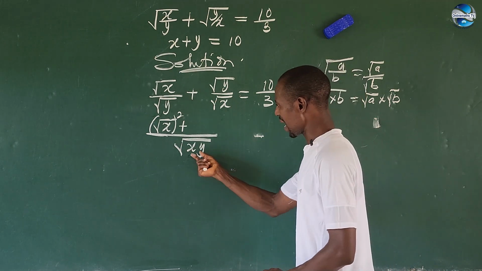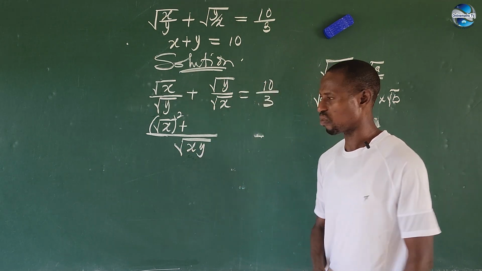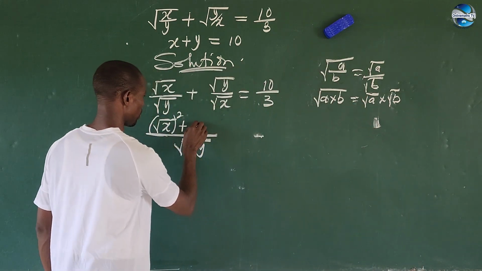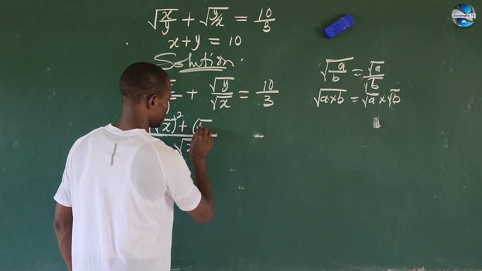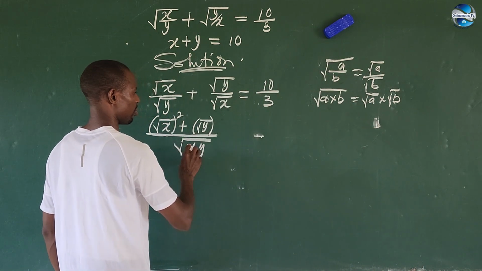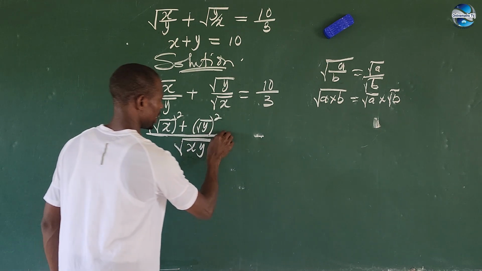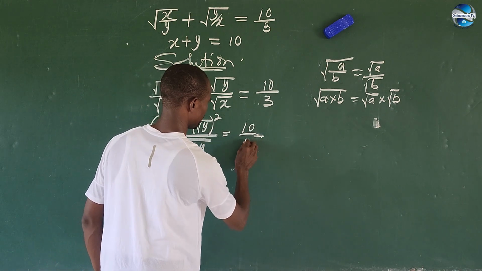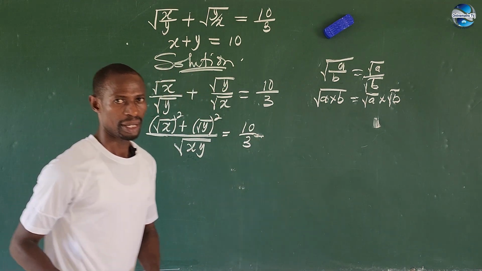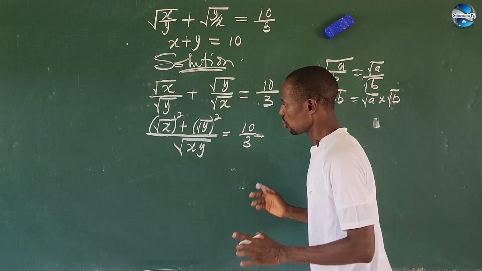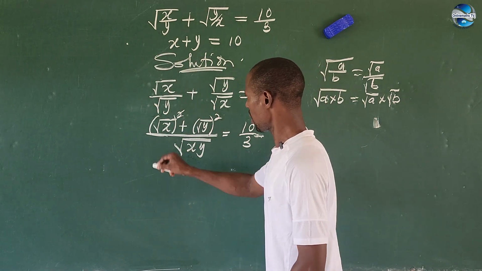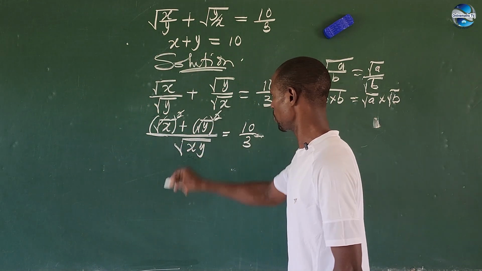So we multiply the square root of y by the square root of y here. So up here, we also come up with the square root of y all to the power of 2. Everything equal to 10 all over 3. I believe no confusion here, right? Good. We know this power will go with this radical, this will go with this.